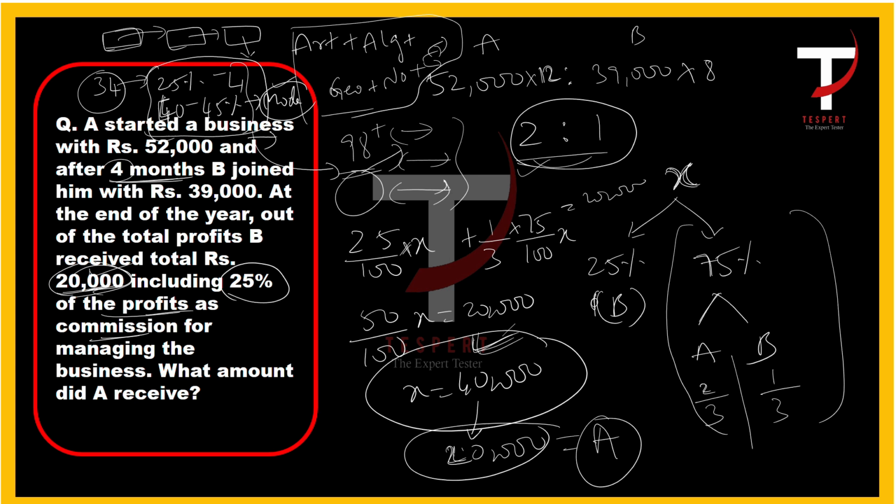For TISNET, CMAT, and the remaining exams, level 2 is not required. If you want, you can practice, but the concept class, the basic problems, and the level 1 problems are enough for TISS and CMAT.